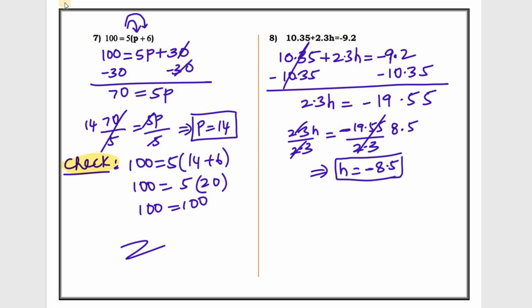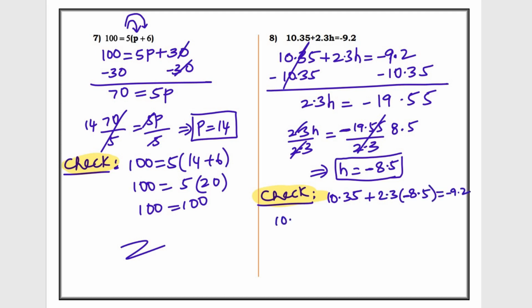So let's check the solution. So 10.35 plus 2.3 into h, that is minus 8.5, is equal to minus 9.2.